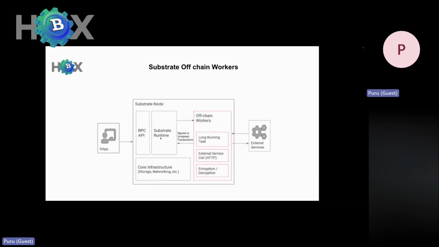So take one example. Say person A wants a GPU, an NVIDIA V100, for 4 hours, and there is one GPU that has been given. So this off-chain worker will load the data to external services, through which they will get access to the GPU machine for 4 hours.